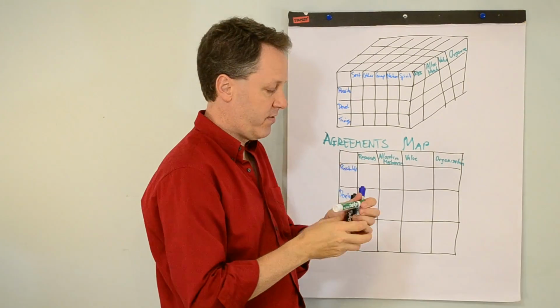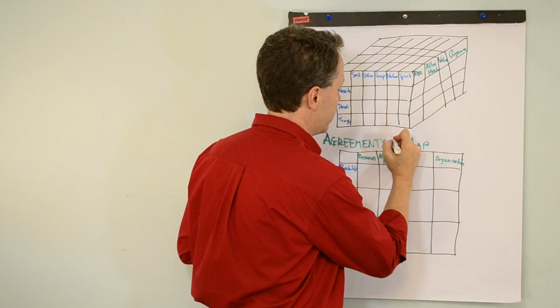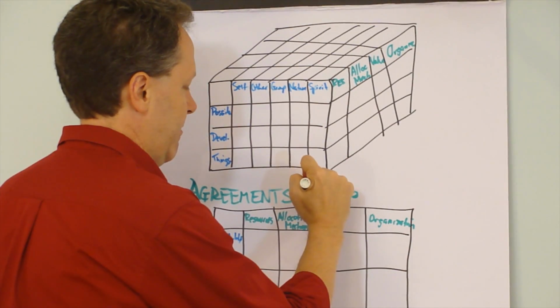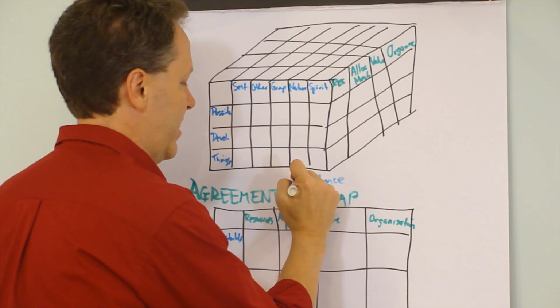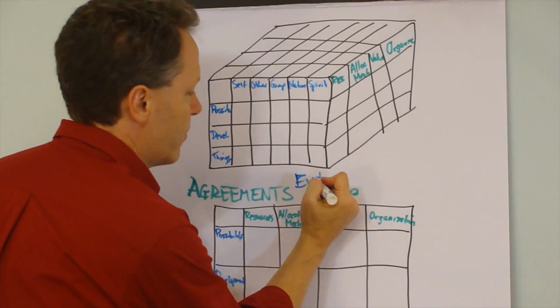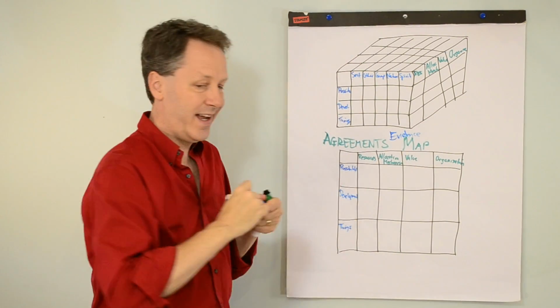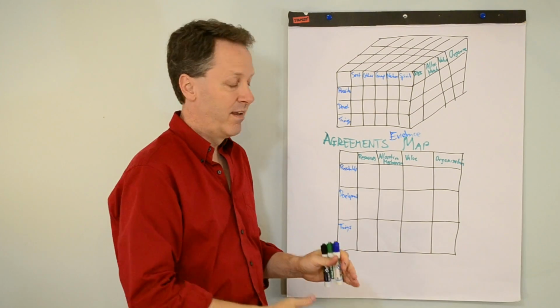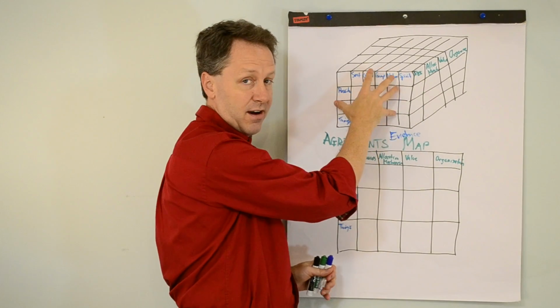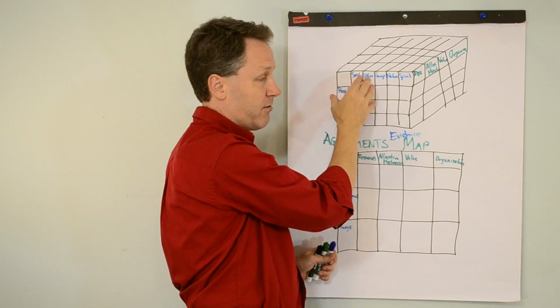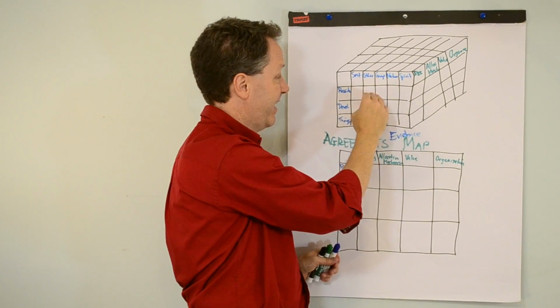And we'll remember that that is just short for the agreements evidence map, because what we're looking for is what evidence do I see when I look through this lens, which is this direction on our own experience, across the 5 relationships and 3 levels.